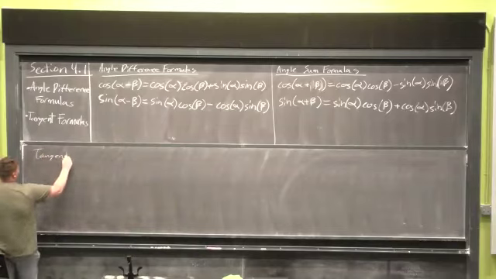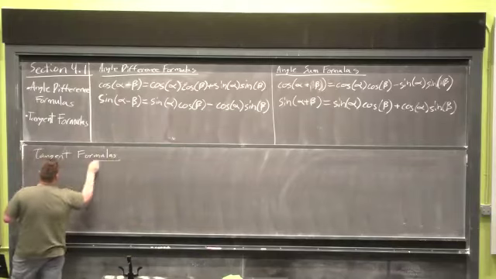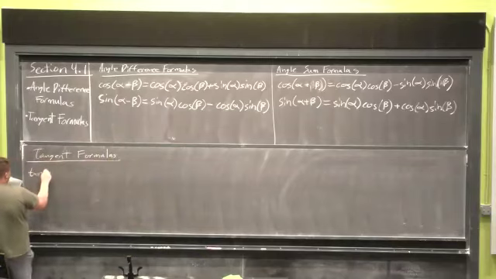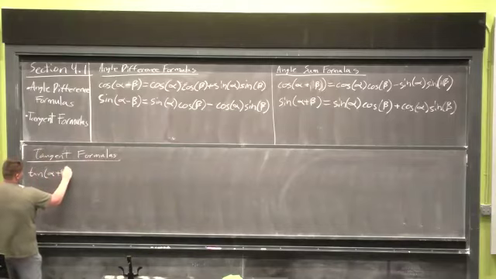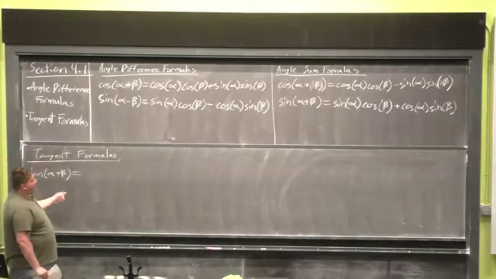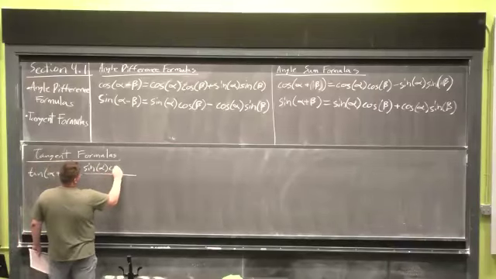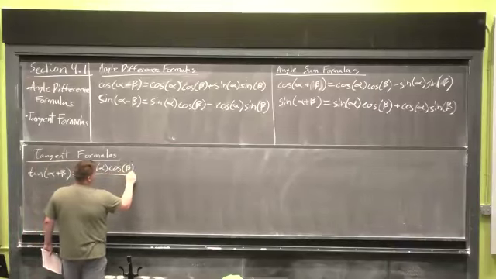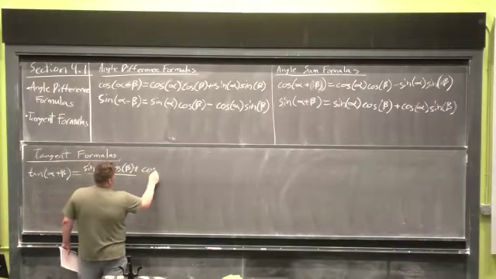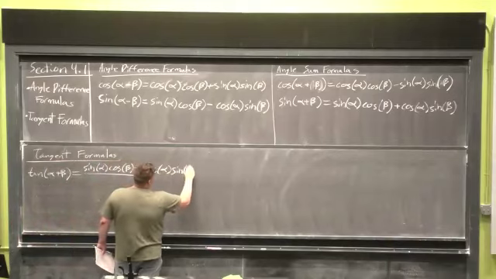We have tangent of alpha plus beta, and we can look at sine of alpha plus beta and go, okay, in the numerator, I'm going to have sine of alpha cosine of beta plus cosine of alpha sine of beta.